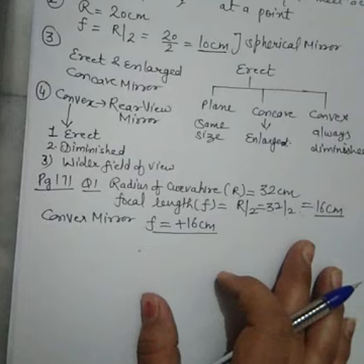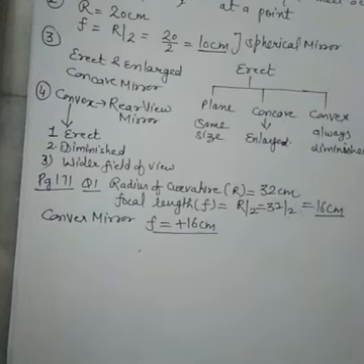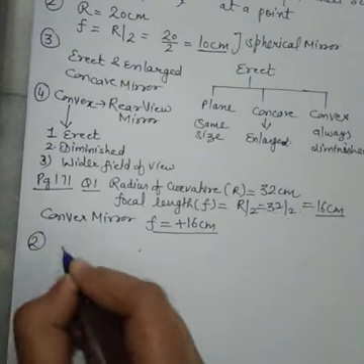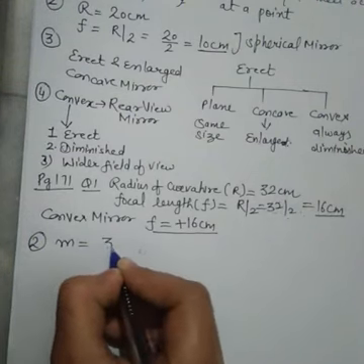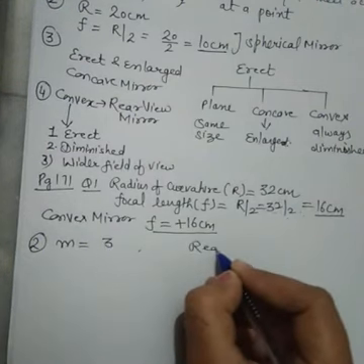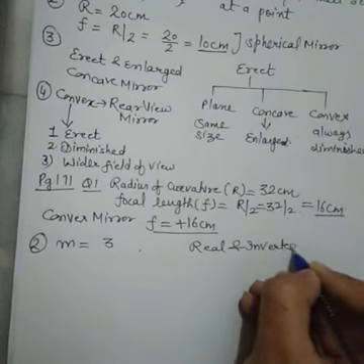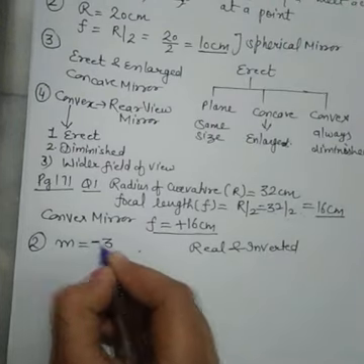Now a concave mirror produces 3 times magnified real image. 3 times means magnification is 3. But the image is real, and a real image is always inverted. If the image is inverted, magnification is negative.